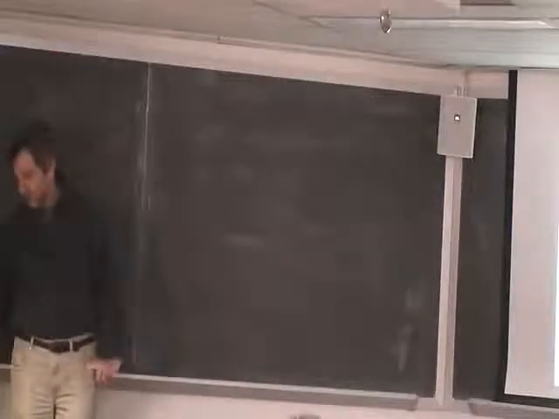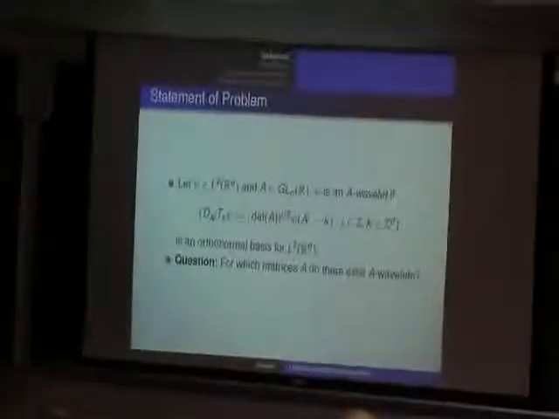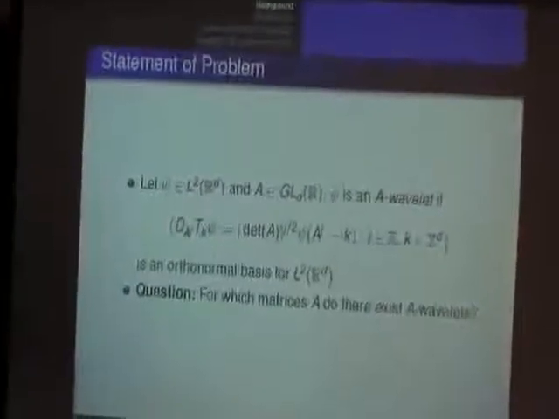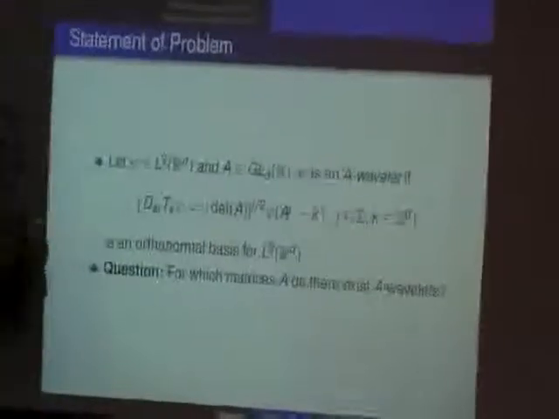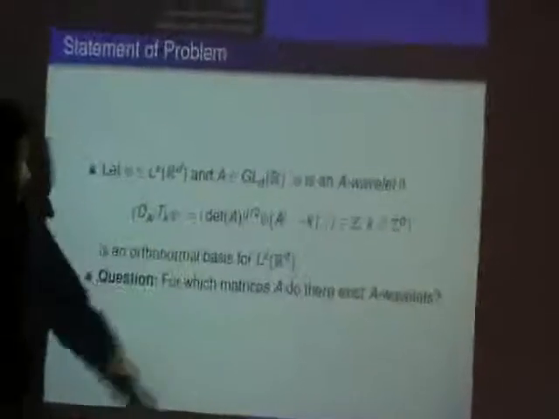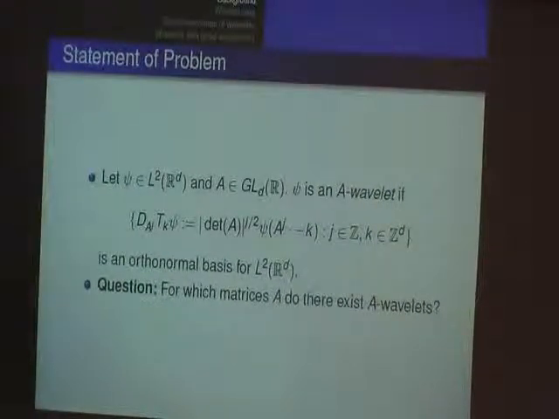So let me just start by reminding you what I mean by an orthonormal wavelet. Probably everyone knows, but perhaps not. You probably don't think about it in this generality. An orthonormal wavelet, which for this talk I'm just calling a wavelet, is a function in L2 such that when you dilate it by powers of some invertible matrix A and translate by integers, you get an orthonormal basis for L2.